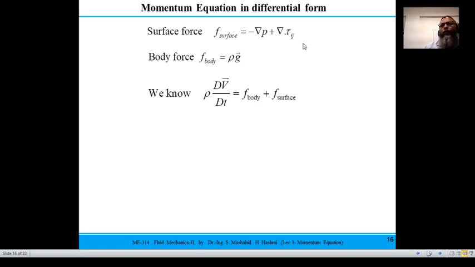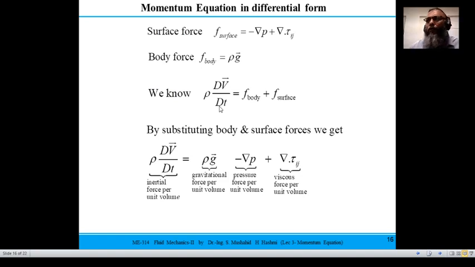According to Newton's second law of motion, rho times acceleration is the force per unit volume, either the body force or the surface forces. So here we can substitute the surface forces as well as the body forces in Newton's second law of motion. So what do we end up with?